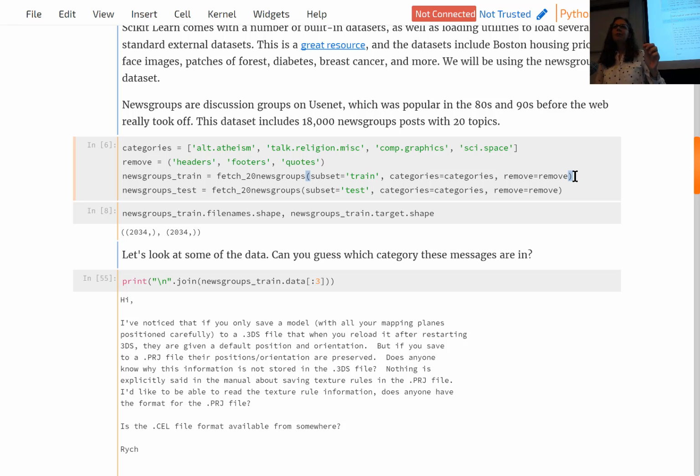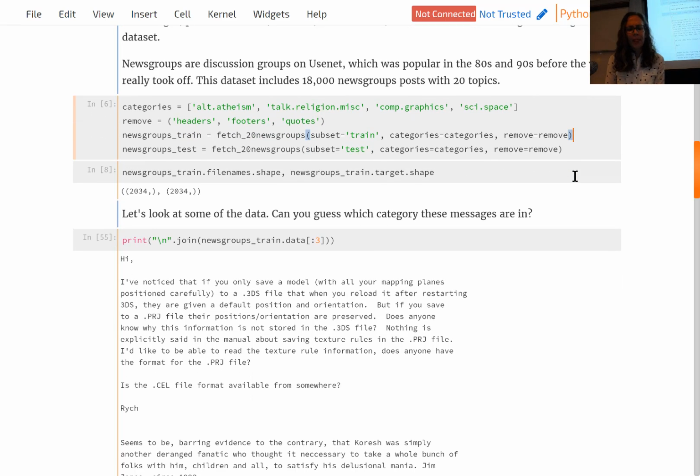And something to note is we're getting the categories because it'll be helpful for us, but what we're doing is unsupervised machine learning, and so we're not actually using the categories. We're going to be thinking about whether we've clustered these into topics that make sense, and we'll check with the categories to confirm that. Whenever you get data, it's great to just check what the dimension of it is.